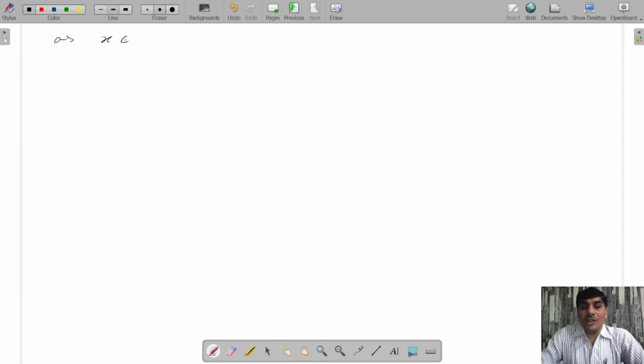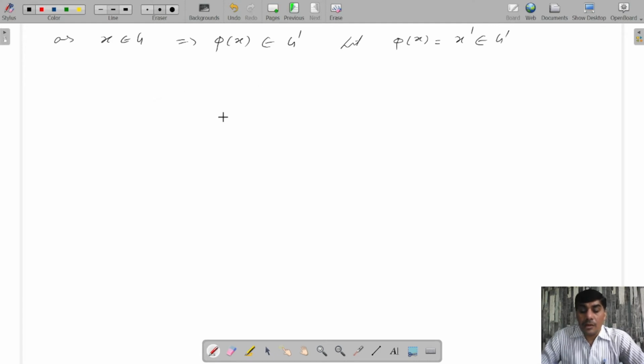As x belongs to G, this implies phi of x belongs to G dash. Let phi of x is equal to x dash belongs to G dash. Suppose y belongs to Kx.